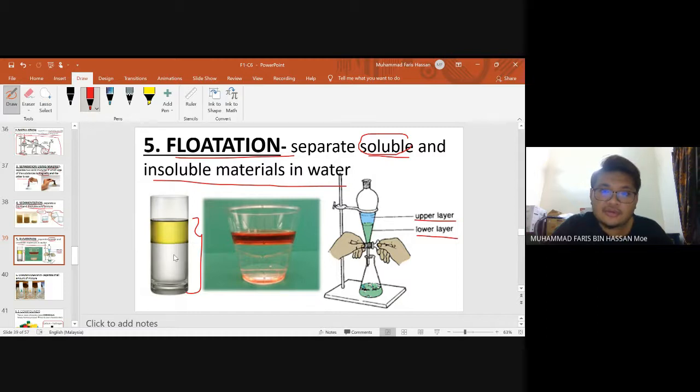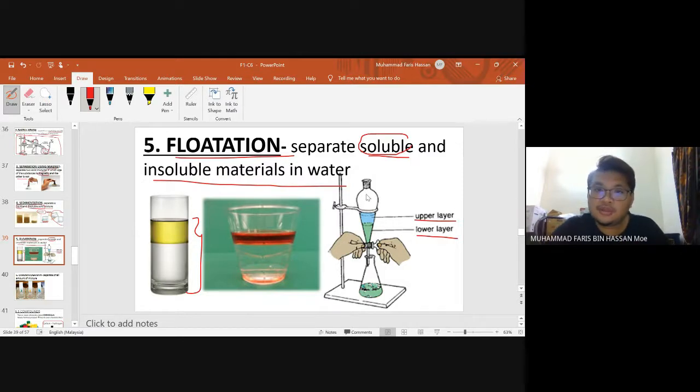So to separate the oil and the water, we can use a separating funnel. This is a separating funnel. We use a separating funnel to separate both the oil and the water.